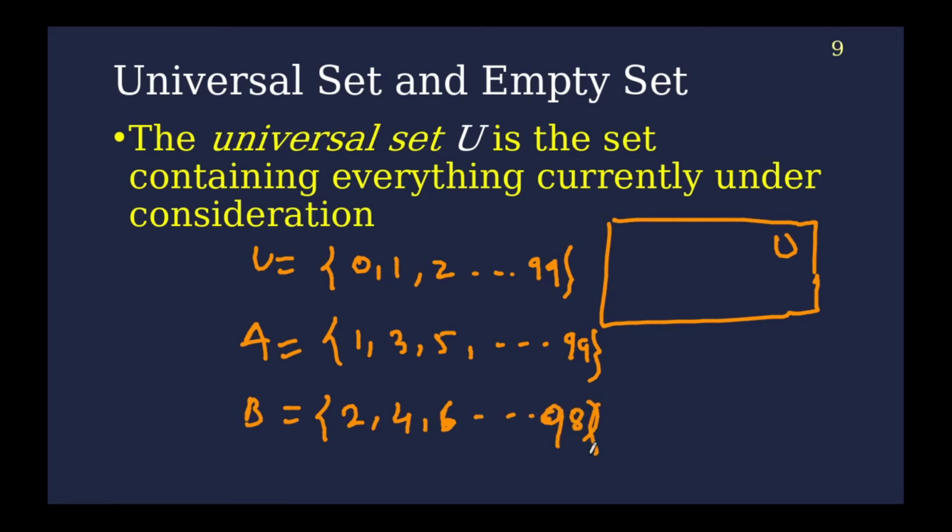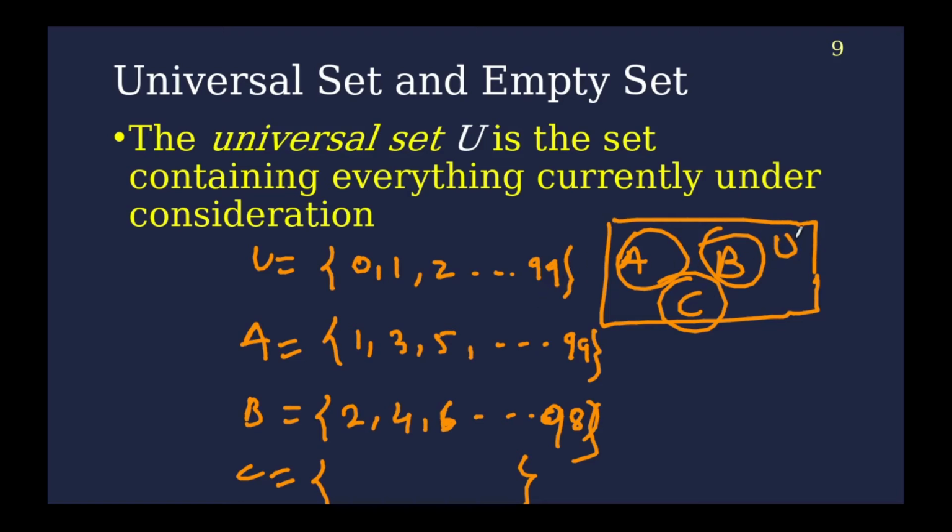Or let us consider another example, say C is equal to the set of positive integers which are divisible by 3 or by 5 or by 7. So like that, a set can also be defined. And all these A, B, C are subsets of this universal set.